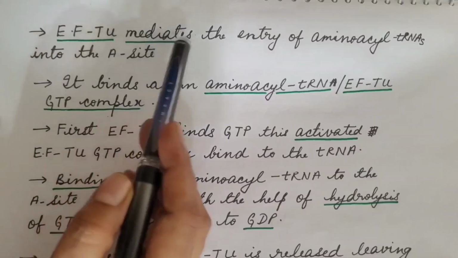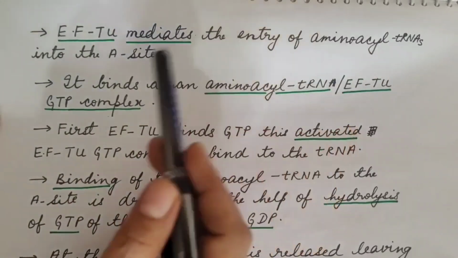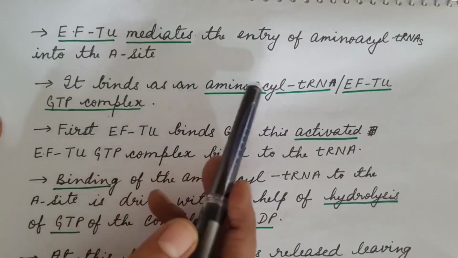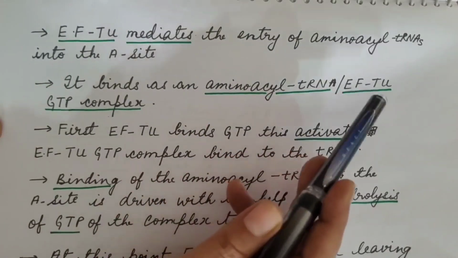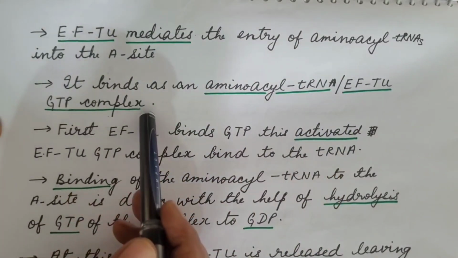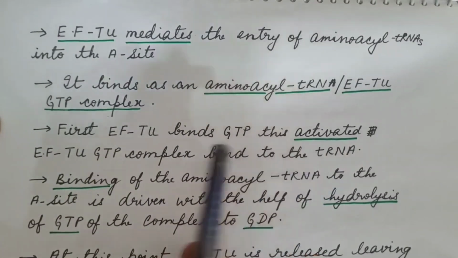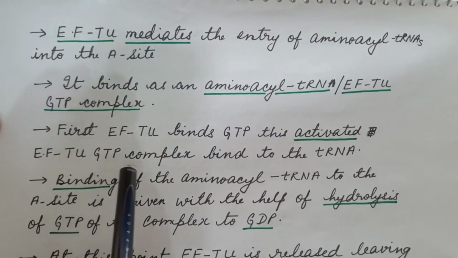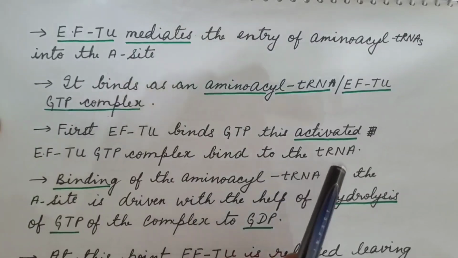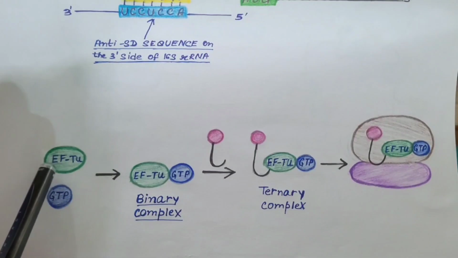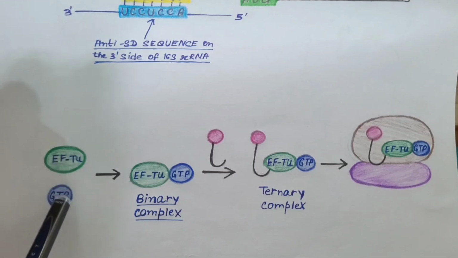This EFTU mediates the entry of aminoacyl transfer RNAs into the A site. It binds as an aminoacyl transfer RNA EFTU-GTP complex. First, EFTU binds GTP. This activated EFTU-GTP complex binds to the transfer RNA, that is aminoacyl transfer RNA. So before the process, EFTU and GTP are free.